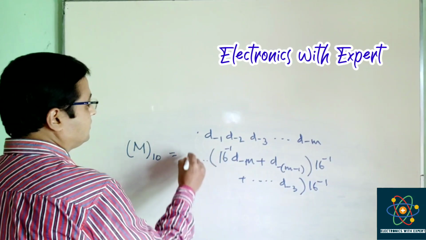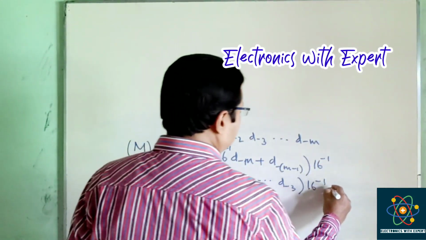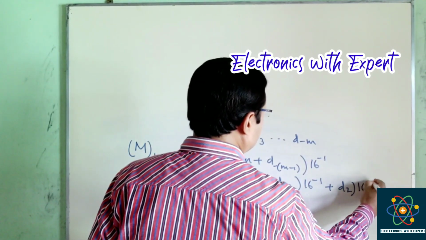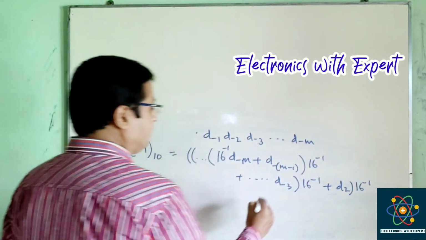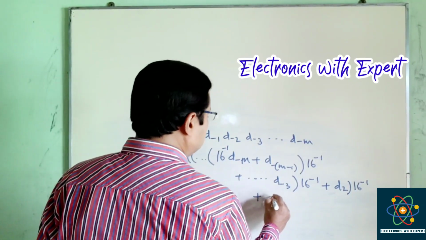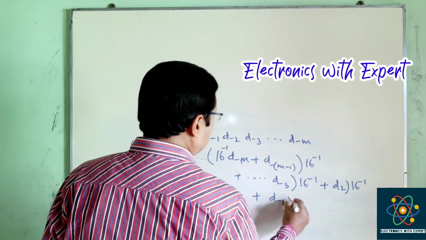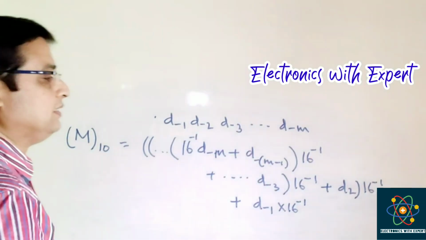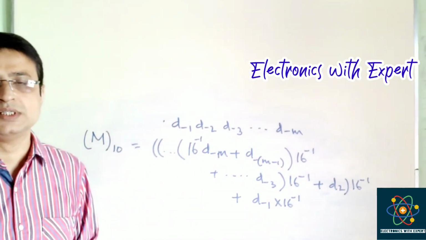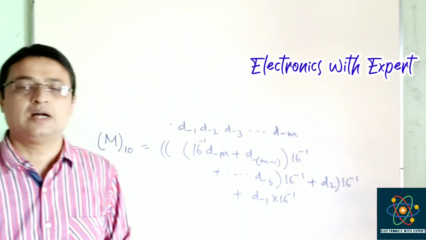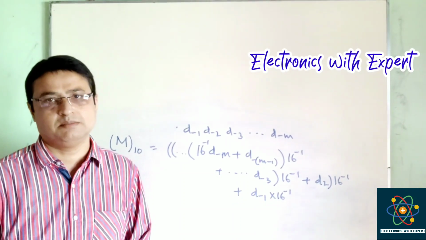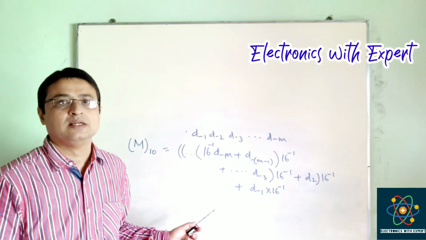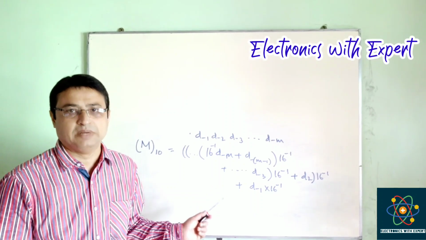So here lies the dot. After that d-2 and again multiplied by 16 to the power -1 and then d-1 into 16 to the power -1. So this is the entire process by which you can convert a fractional hexadecimal number into decimal number by using this divide and add method.